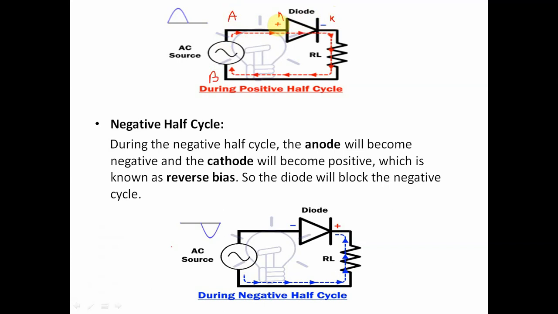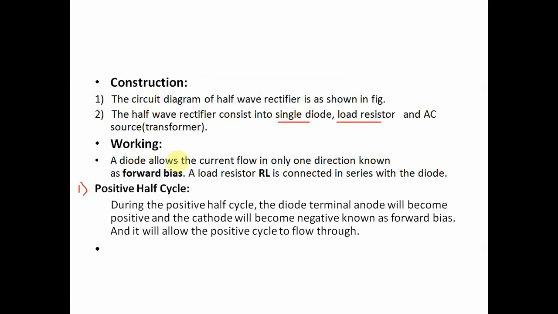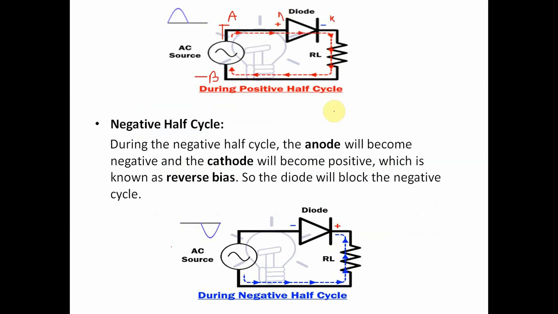So the positive terminal is connected to the anode and the negative terminal is connected to the cathode. During the positive half cycle, the diode anode becomes positive and the cathode becomes negative, known as forward bias, and it will allow the positive half cycle to flow through.